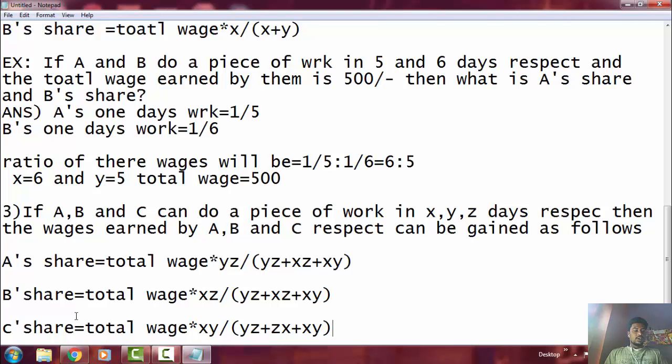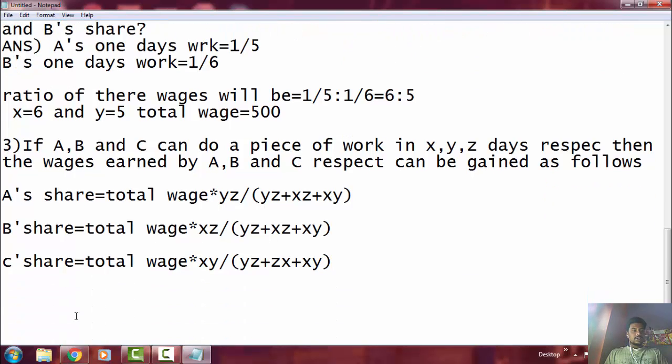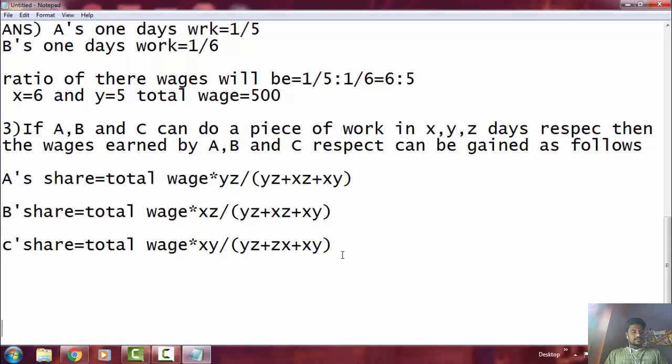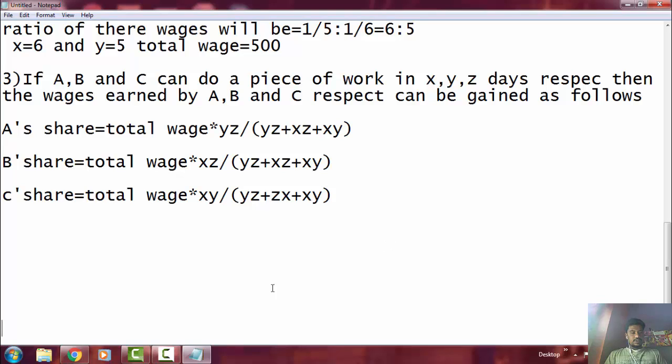This is the case. Please see this formula, we will be writing it. Give a glance at it. I am going to ask you a simple question regarding it.